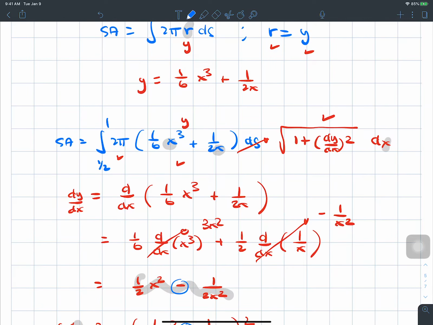Surface area, 1/2 to 1, 2 pi, (x cubed over 6 minus 1 over 2x), and then we have (x squared over 2 plus 1 over 2x squared). And then that'll be a dx.